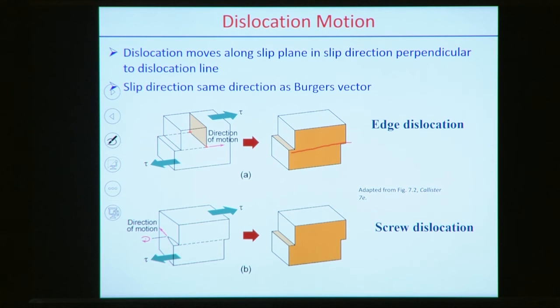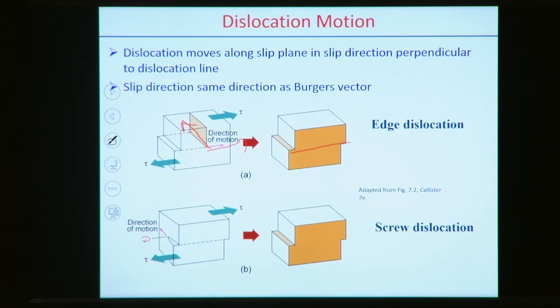So in this case, along the slip plane, the slip direction is perpendicular to the dislocation line. This is the slip direction, and the dislocation line in this case is this. So they are perpendicular to each other in the case of edge dislocation. But if you look at the screw dislocation, we follow a similar kind of thing.